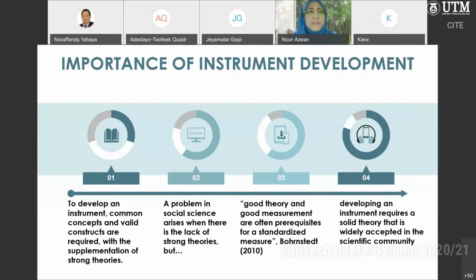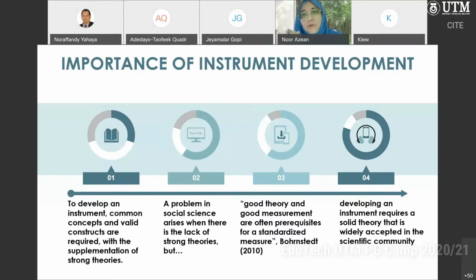According to previous research, it has been inferred that a problem in social sciences arises when there is a lack of strong theories, but social scientists still proceed with their effort on developing instruments.